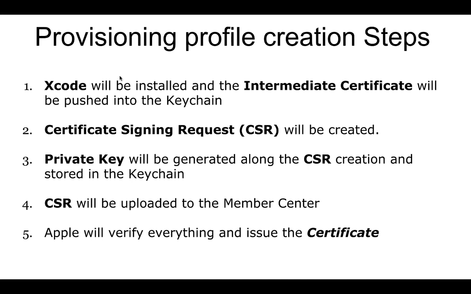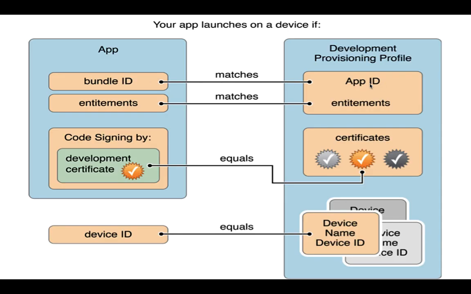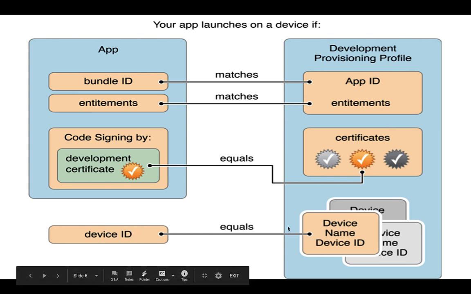So if the app's bundle ID matches the development provisioning profile app ID, and the entitlements present in the app match the development provisioning profile entitlements, and the code signing development certificate matches the certificate available in the development provisioning profile, and the device ID or the UDID of the device matches the development provisioning profile device name and device ID. So how can we get the device ID, etc.?